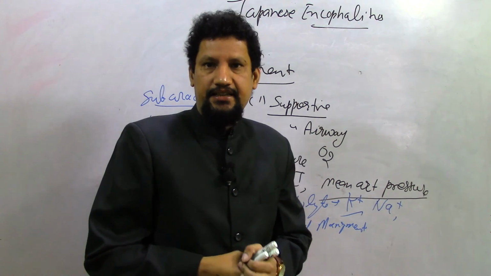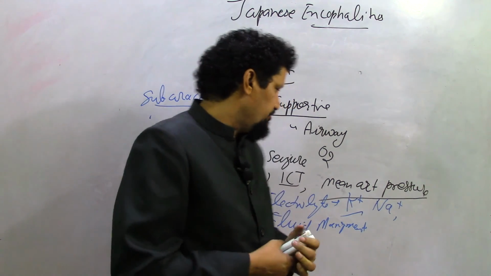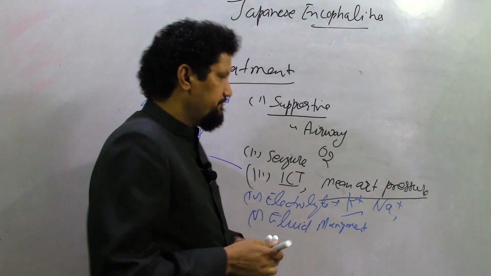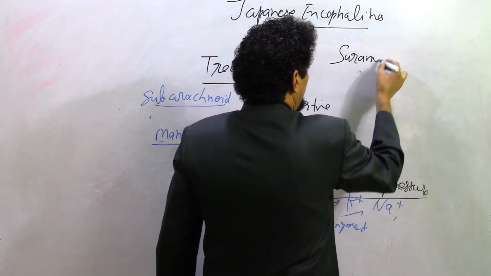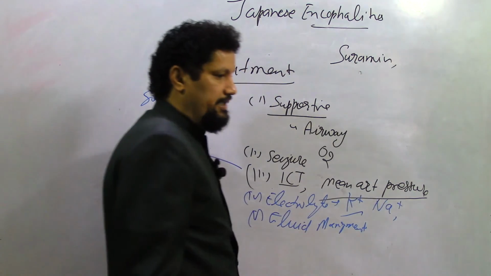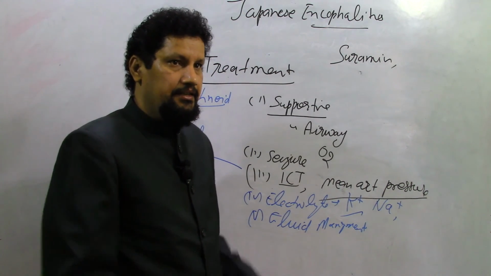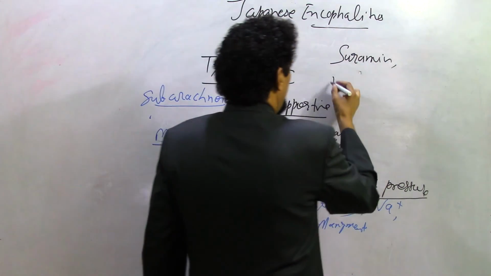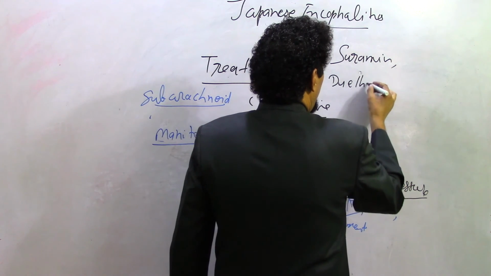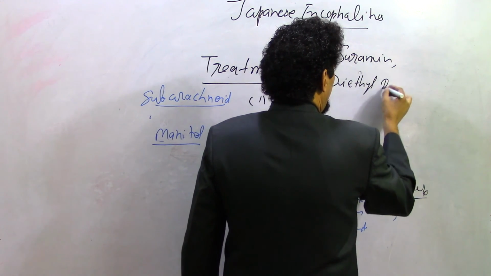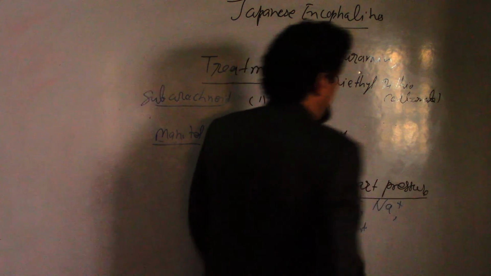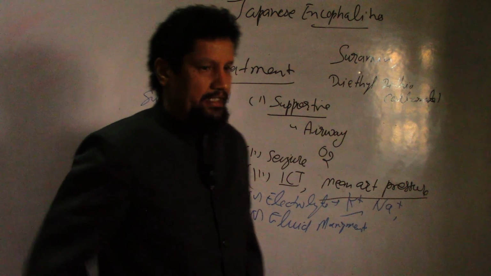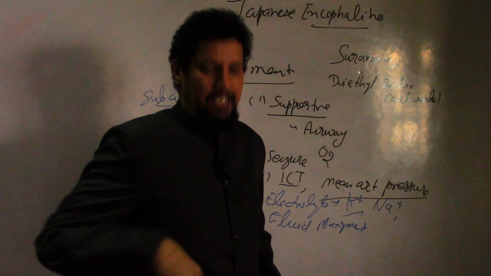But in recent researches, it has been proved that the suramin, the thiocarbamate is having antiviral role in Japanese encephalitis.